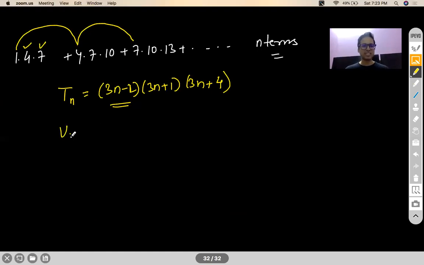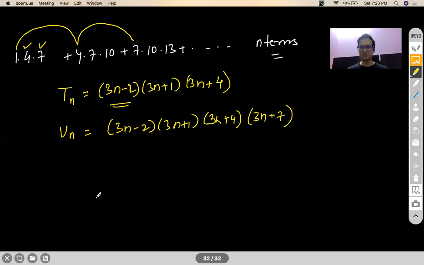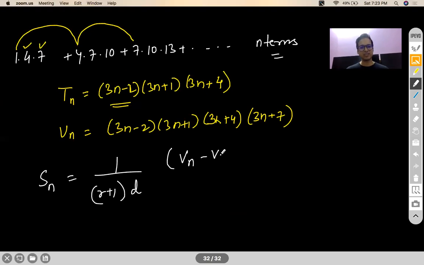So what will be your Vn term? Vn term will be 3n minus 2, 3n plus 1, 3n plus 4. Now, had you continued for one more factor, you would have got 3n plus 7. Okay. Now, we already know the formula. Formula is 1 by r plus 1 d, Vn minus V0. So r here is 3. So 3 plus 1, 4. D is 3 here.